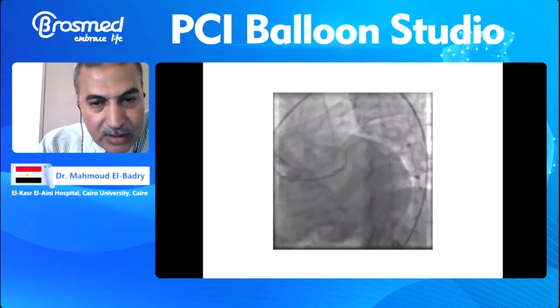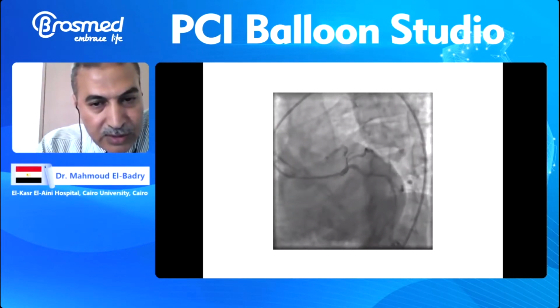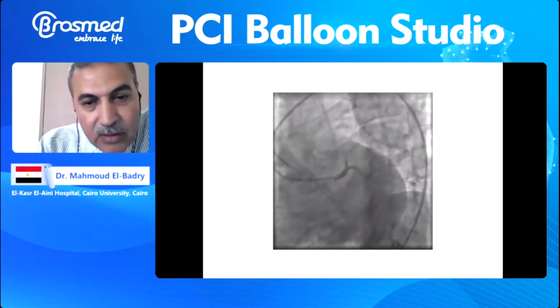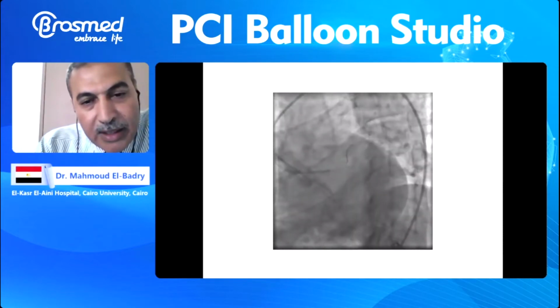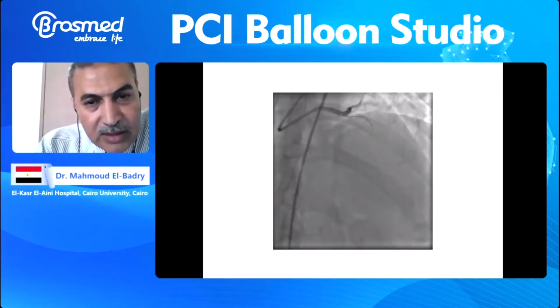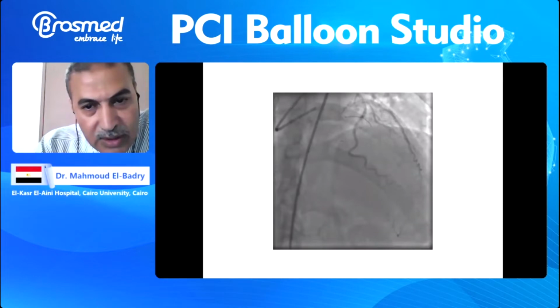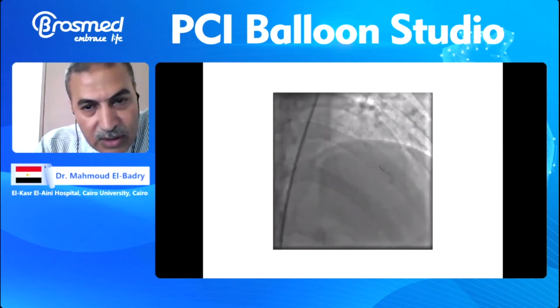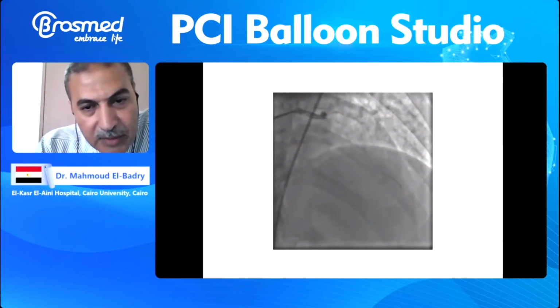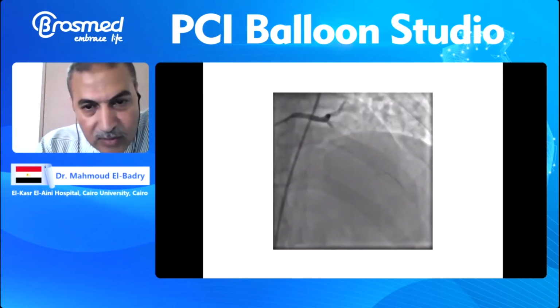Some colleagues said leave it and don't injure the LAD. Again, support with a balloon, Artemis balloon, and I could cross the lesion and did pre-dilatation and resumed the flow.